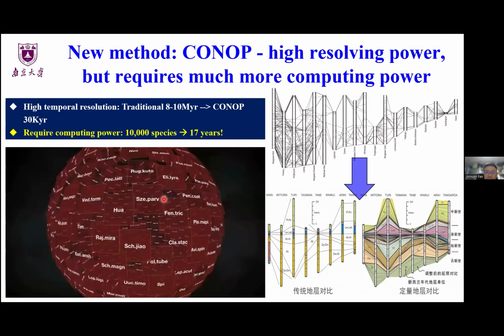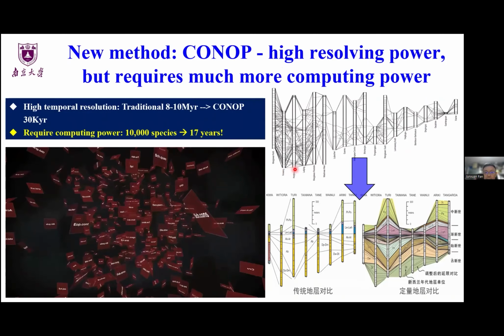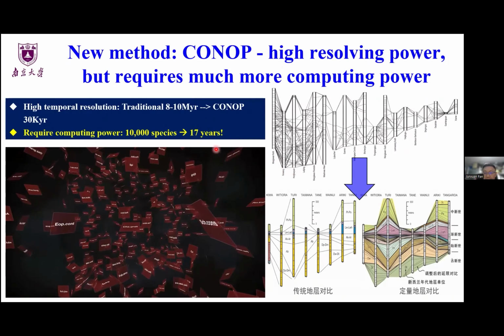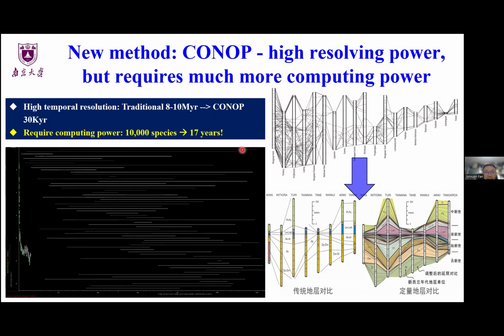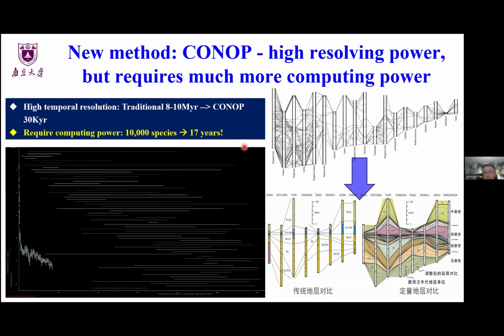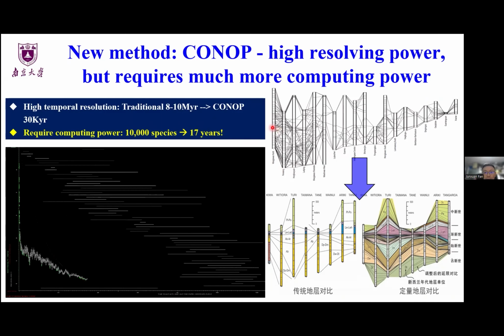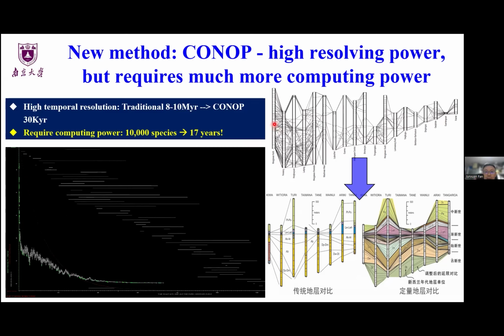There is a method called CONOP, which was designed by Peter Sadler in the 1990s. It provides very high resolving power for stratigraphic correlation, but it requires much more computing power.